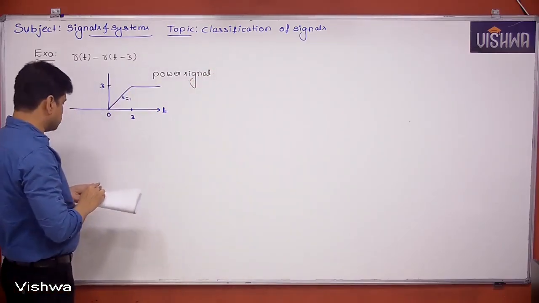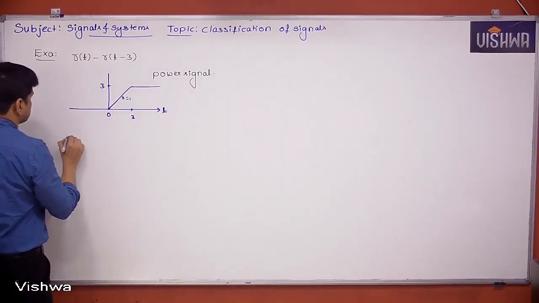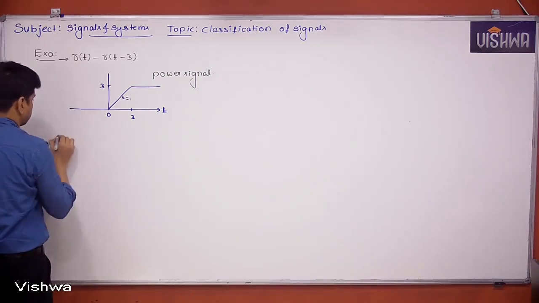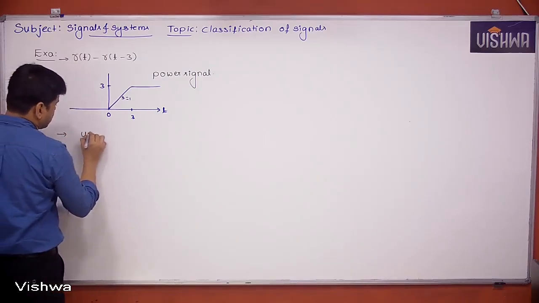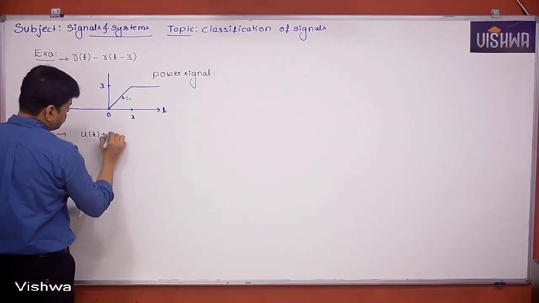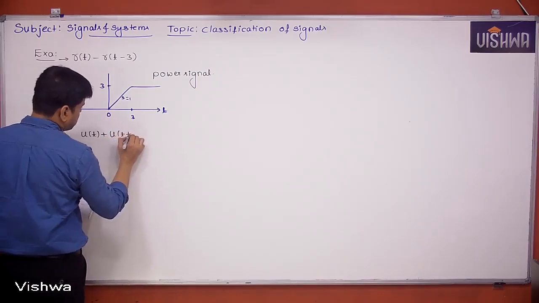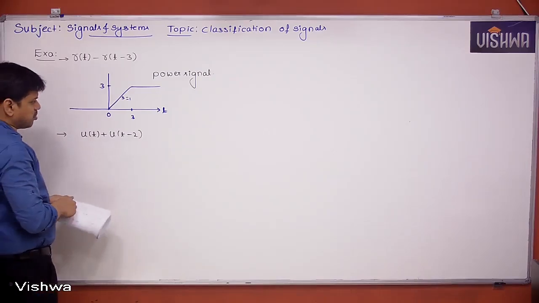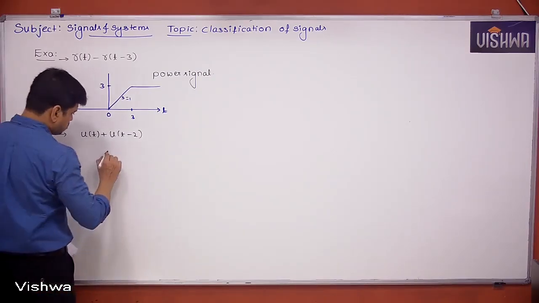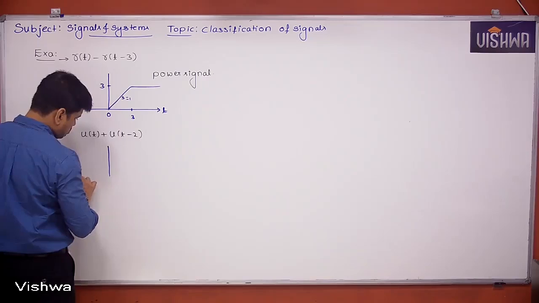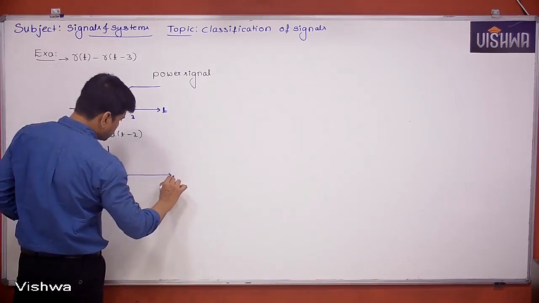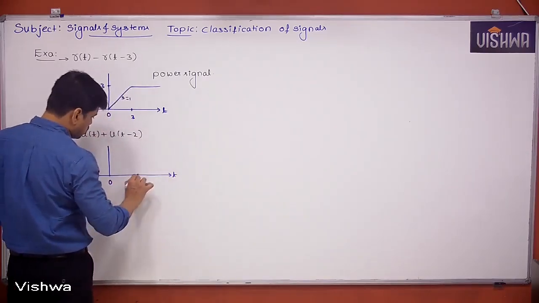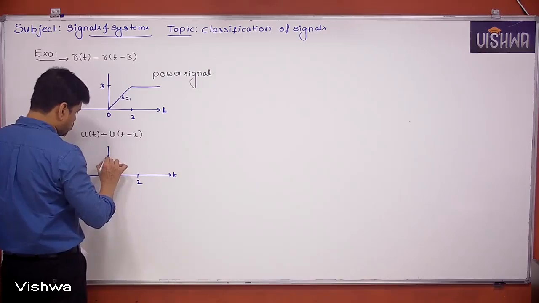Next example, u of t plus u of t minus 2. Again, we have to draw the waveform to determine what kind of signal it is. It has two discontinuity points, one at 0 and another at 2. Up to 0, its amplitude is 0.